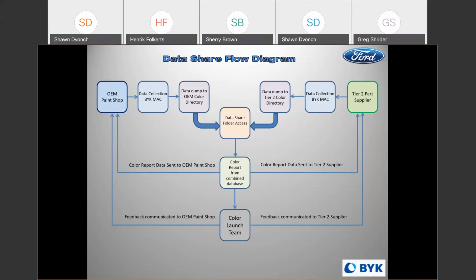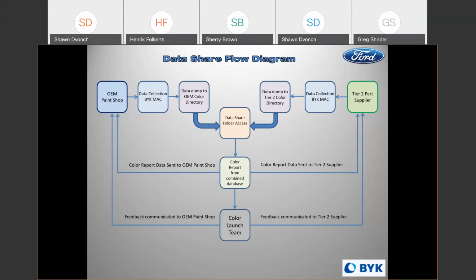At the same time, tier 2 or tier 1 part suppliers, manufacturers of fascias, mirror housings, bumpers, liftgate handles, and so on, are also under the same control plans to collect data. That data could also be dumped into the same shared access. At this point, both the OEM and the tier 2 part supplier have the ability to access this data.